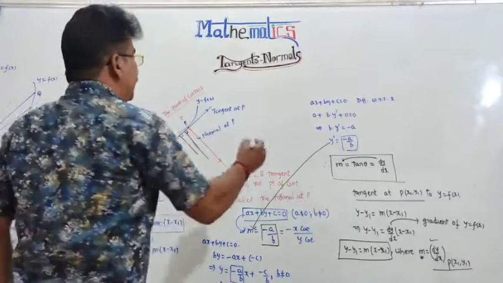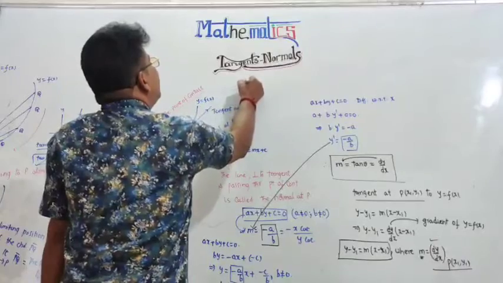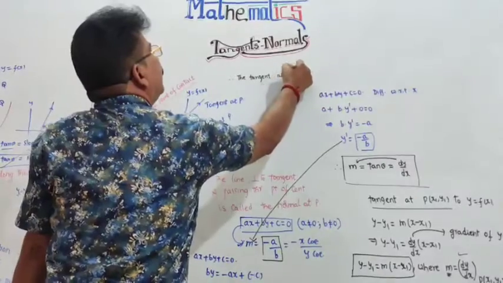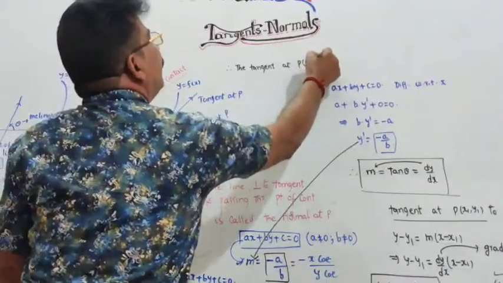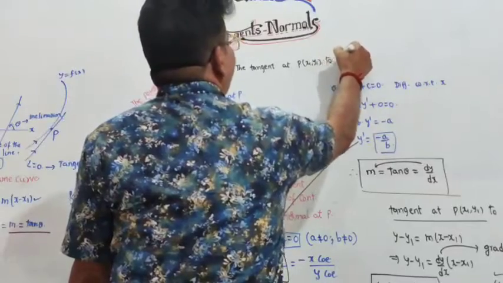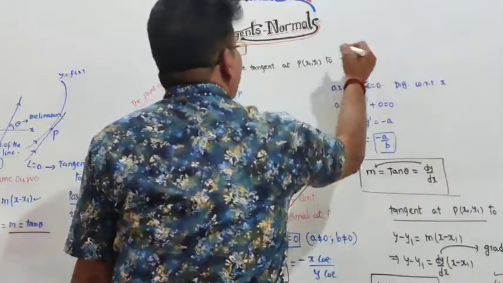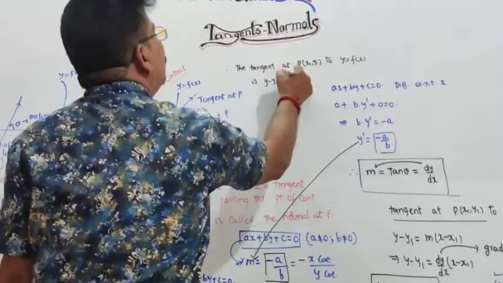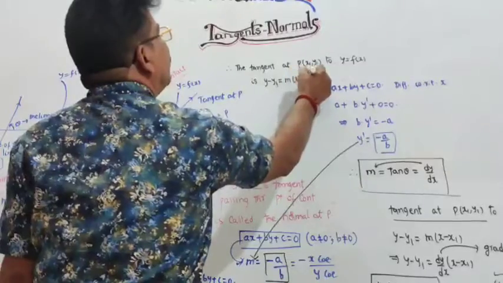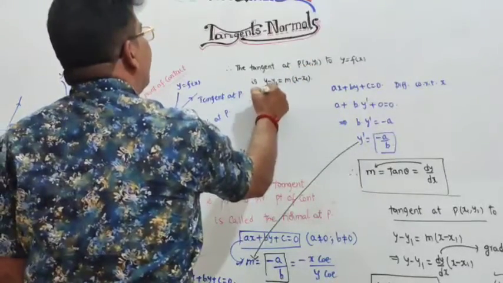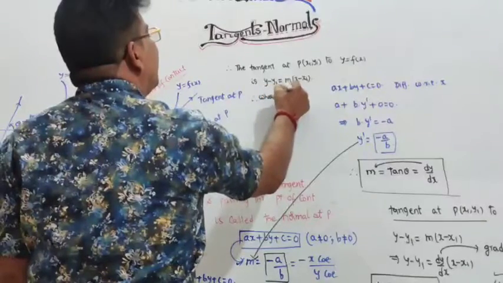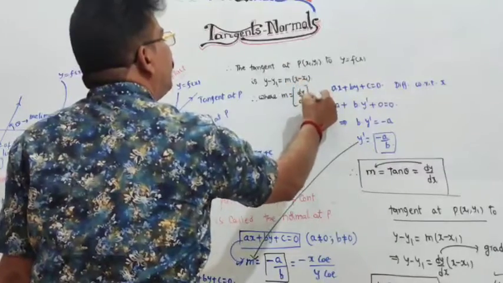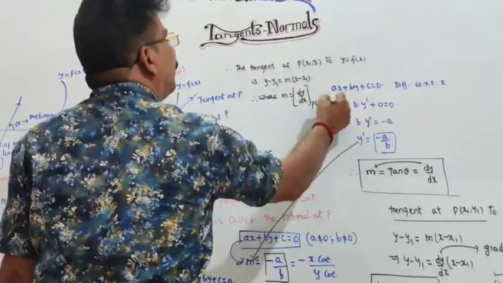So therefore the tangent at capital P of x1 y1 to the curve y is equal to f of x is y minus y1 equal to m into x minus x1, whereas m equals dy by dx at the given point capital P of x1 comma y1.